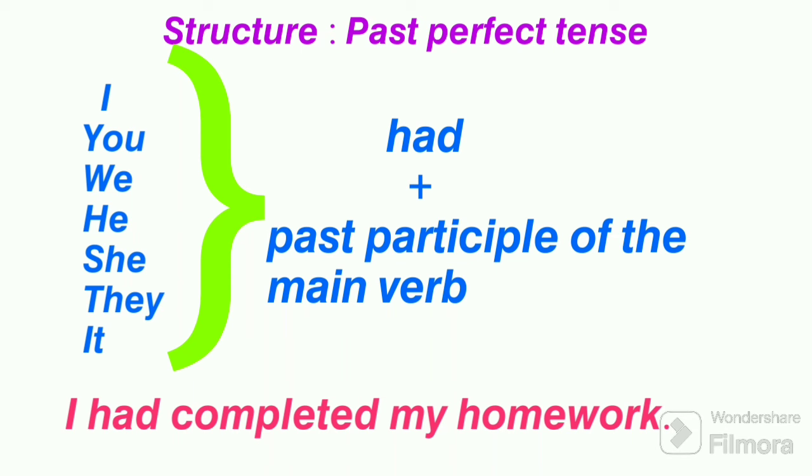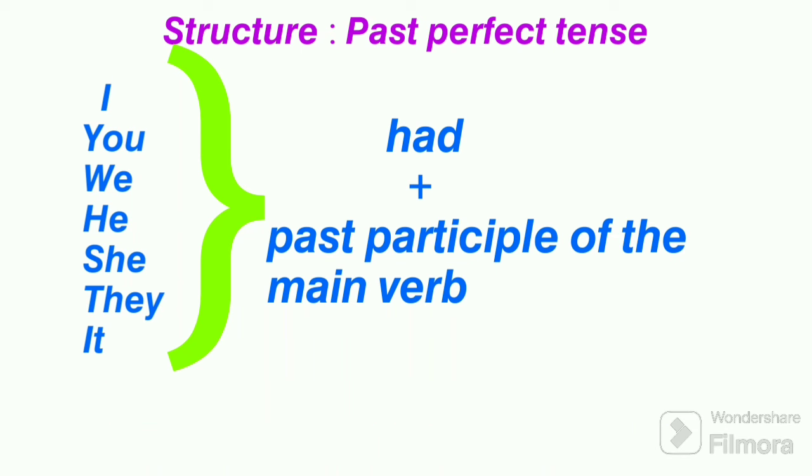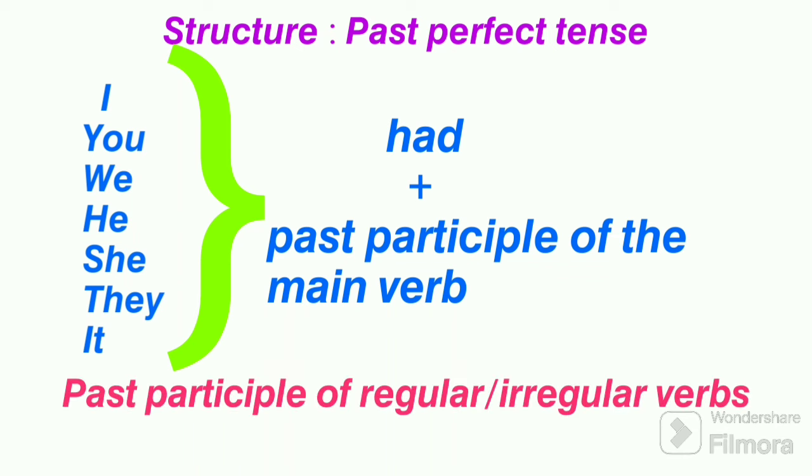In this sentence, the subject is I, then had the auxiliary or helping verb, and then completed, which is the past participle form of the verb complete. So, what is important here? It is important to learn the past participle forms of many regular and irregular verbs.